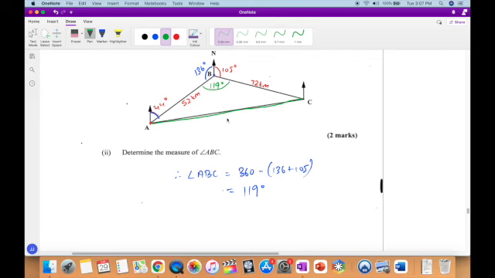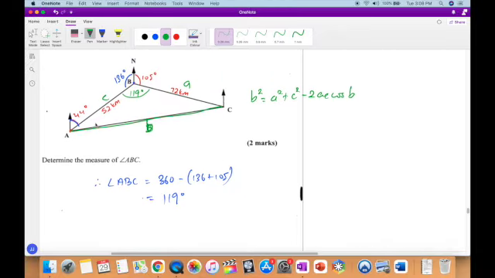So that tells me maybe that the cosine rule might help me. So this is the side B, and I'll write small b. This will be the side C, and this will be the side A. So b squared is equal to a squared plus c squared minus 2ac cos B. So let's just remember that. And I'll do it on this side here.